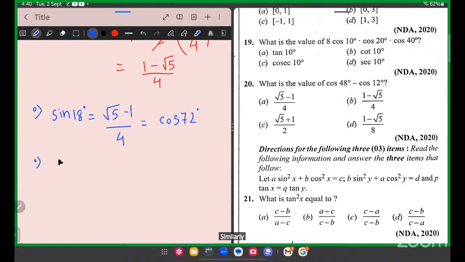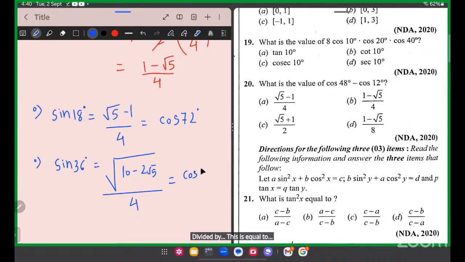Similarly, sine 36 is under root 10 minus 2 root 5 divided by 4. This is equal to cos 72.